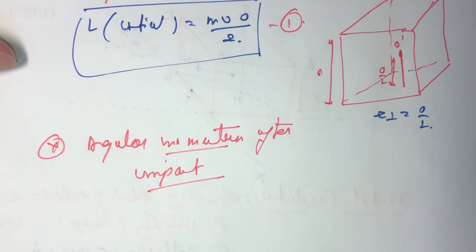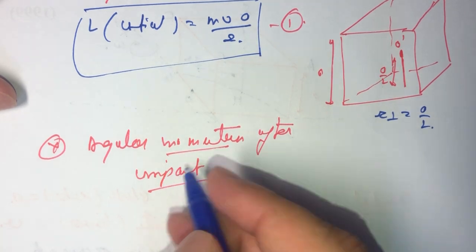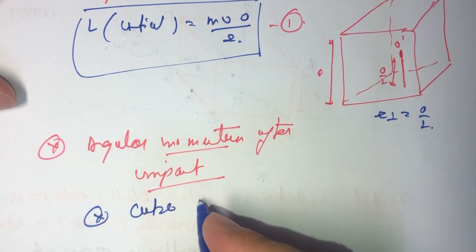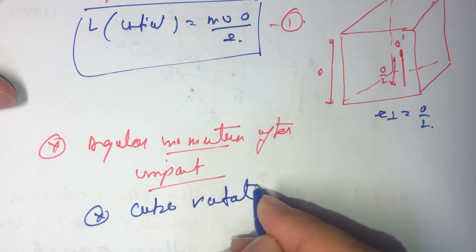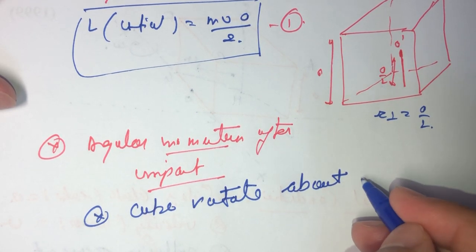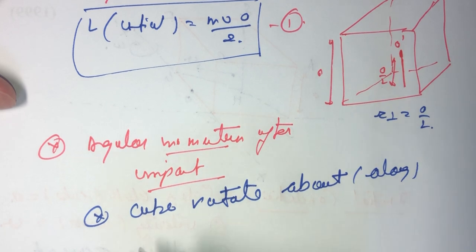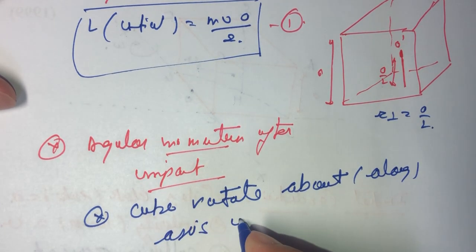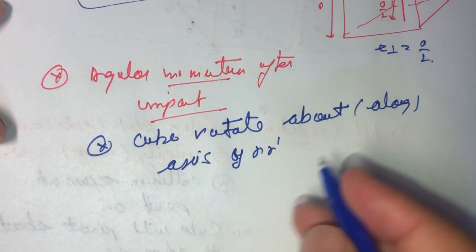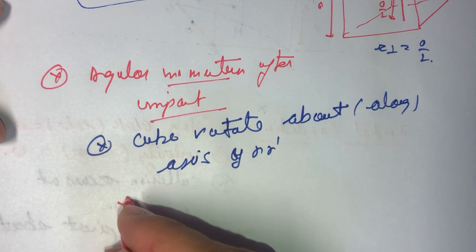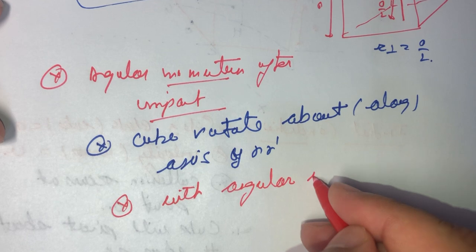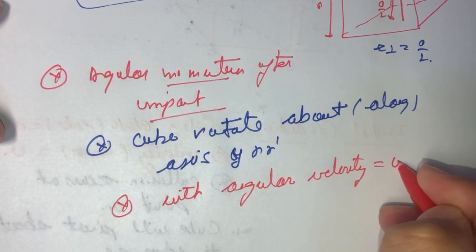You can say that cube rotates along axis x prime, and we already said with angular velocity that is equal to omega.